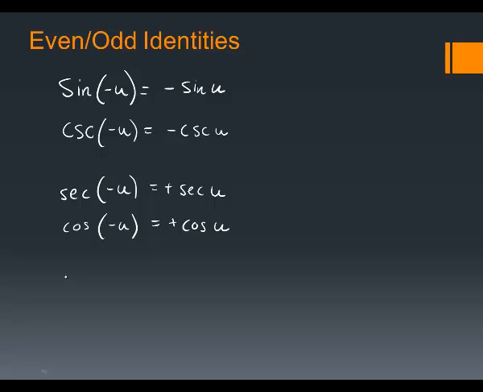And then tangent of negative u is negative tan u, and cotangent follows suit as well.